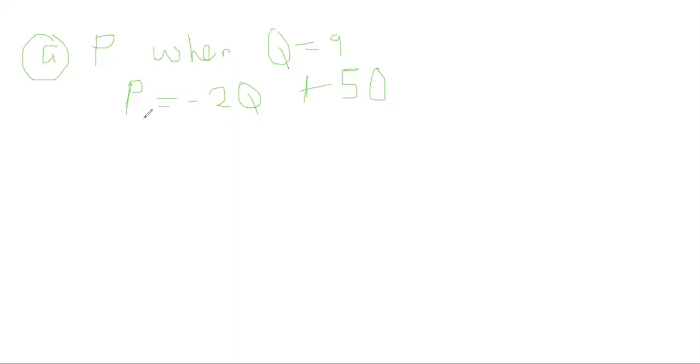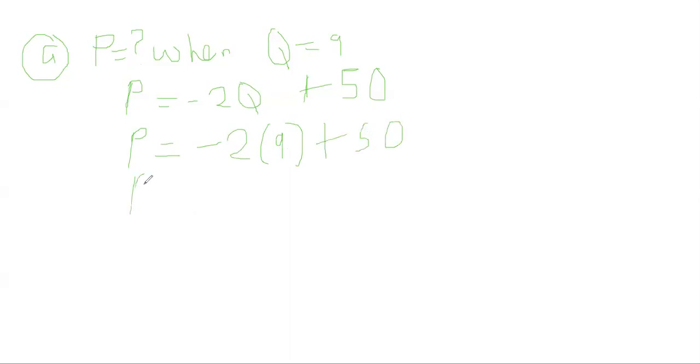Okay. So here it's saying that to find P, we are finding P when quantity demanded is 9. So all you need to do, wherever you see Q here, you substitute 9 into it. So our P will be minus 2 times 9 plus 50.